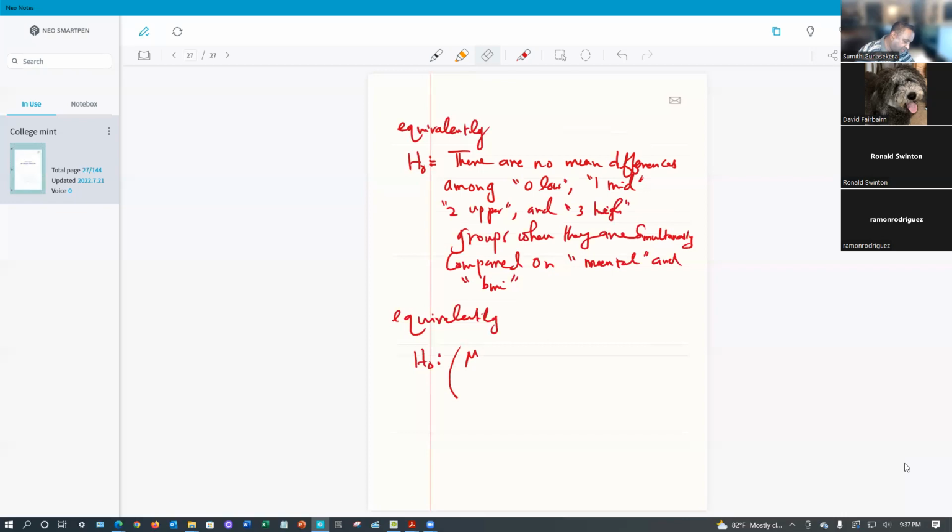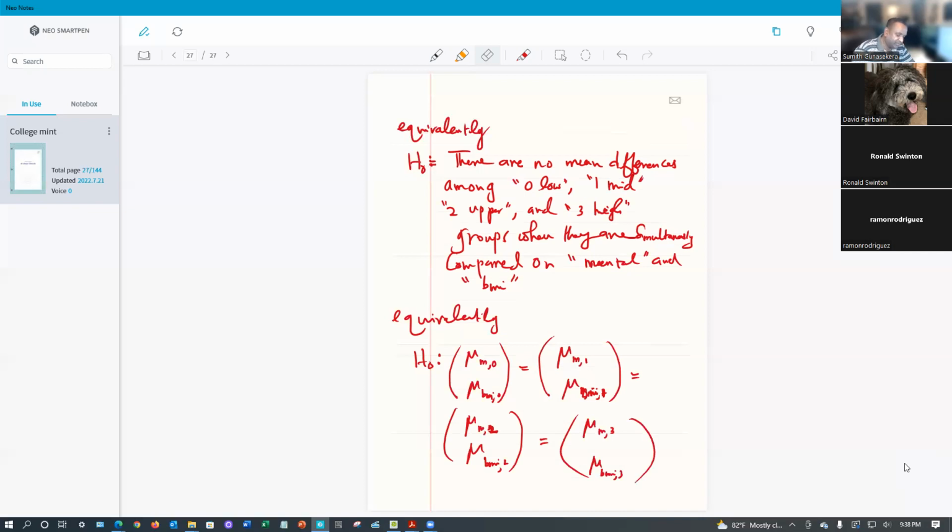Mu of mental, the 0 group, mu of this one in BMI, the 0 group, equals mu of mental of the first group, mu of BMI in the second group equals mu of mental of the third group, mu of BMI of the third group. That's H naught.